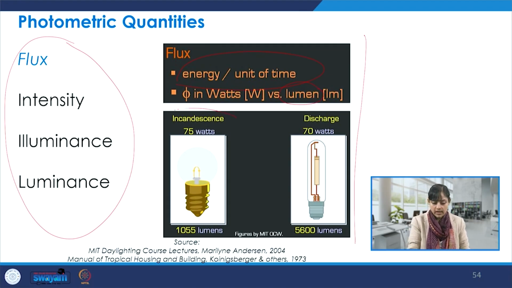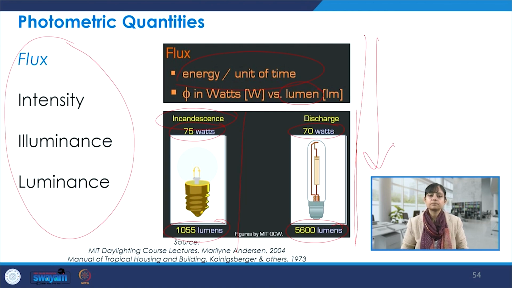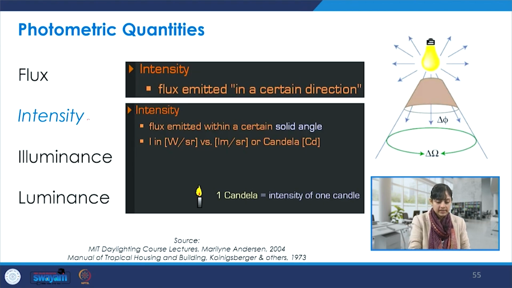So if we look here at this incandescent lamp and this discharge lamp with certain wattage which is associated with them, and the amount of lumens which are produced, we see these kinds of numbers. Then there is intensity, which is flux emitted in a certain direction within a certain solid angle, and the unit is candela.